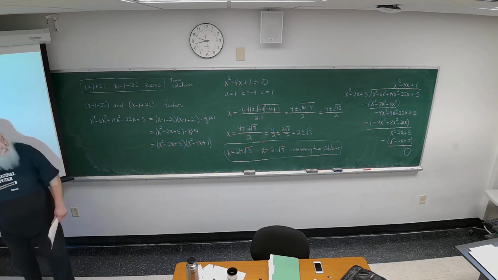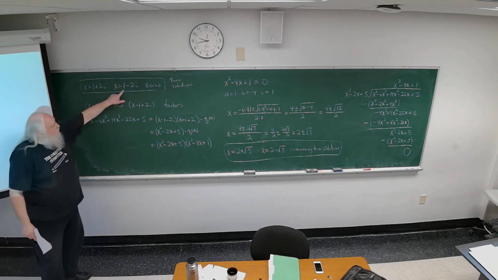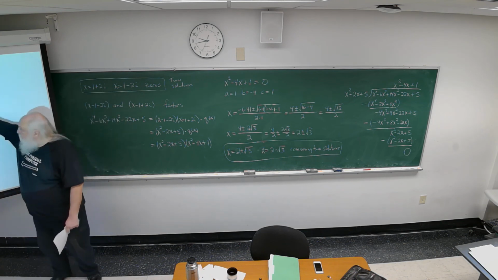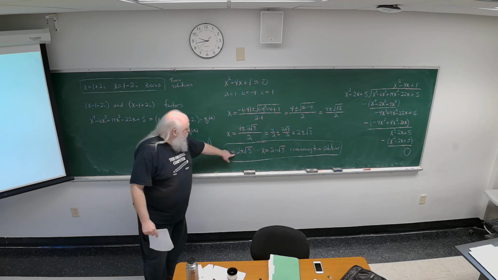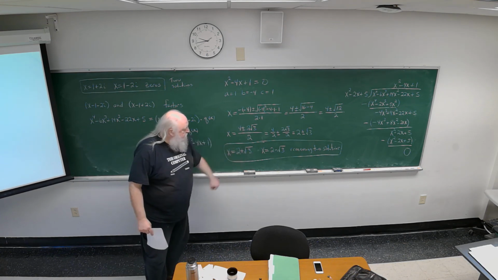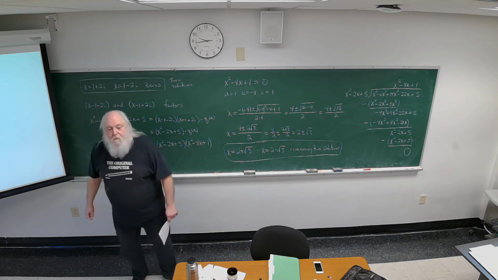Okay. So x equals 1 plus 2i and x equals 1 minus 2i are two solutions to that equation. And x equals 2 plus square root of 3 and x equals 2 minus the square root of 3 are the two remaining solutions.